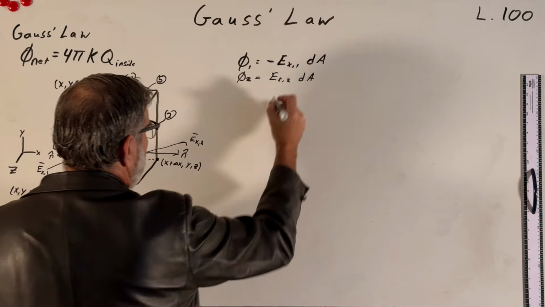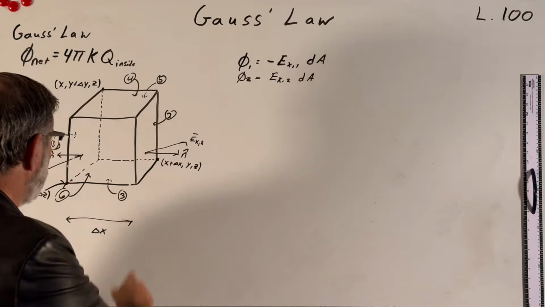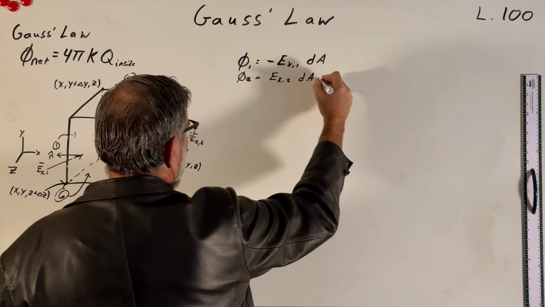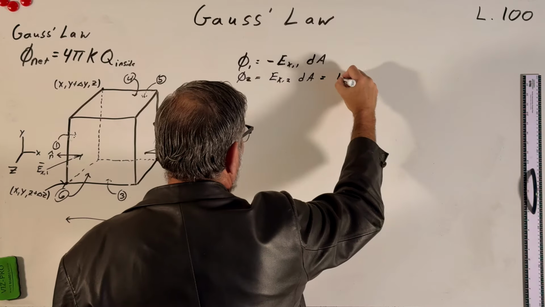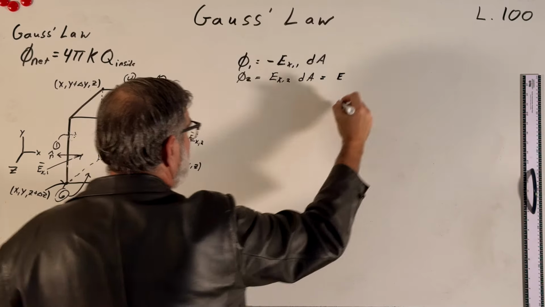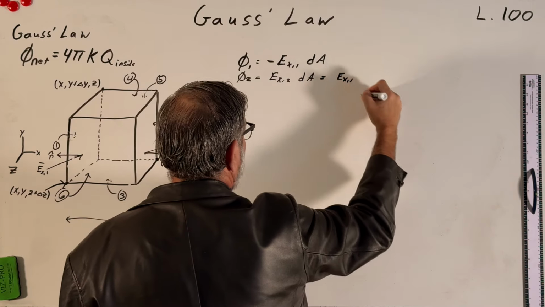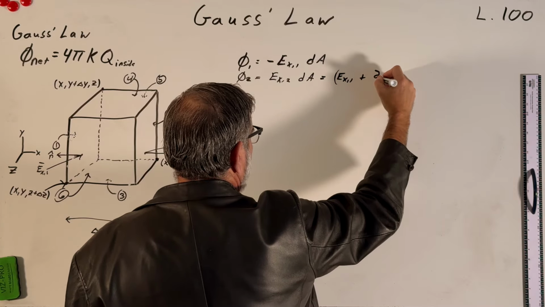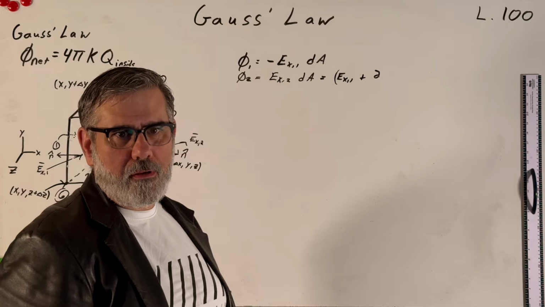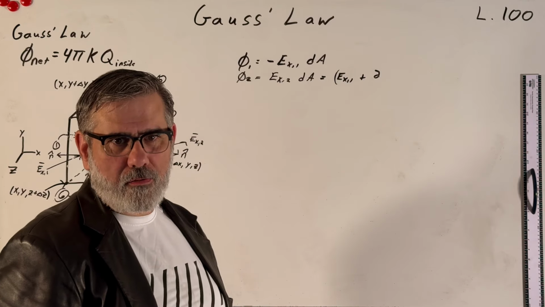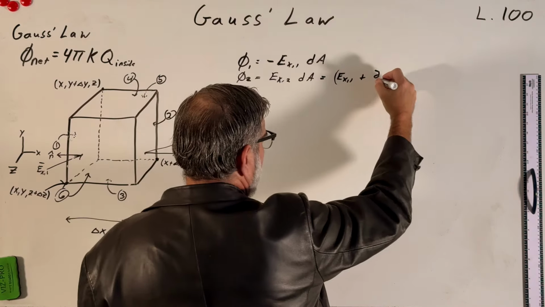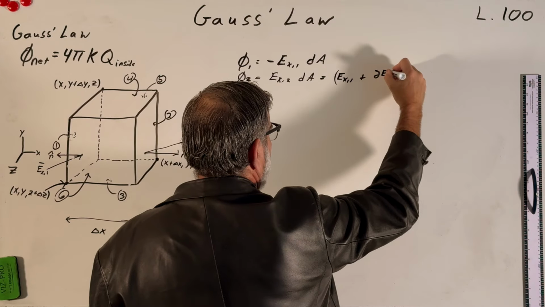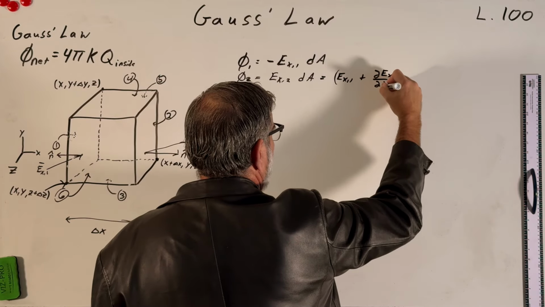It's not quite the same amount because it's displaced by delta x, but as a first order approximation, what we can write is that this is equal to the value at face 1, so we'll write E sub x, comma 1, plus, and these are a little bit like the derivative signs, the d, the dx, except it's written with the Greek delta, okay? So delta E sub x over delta x.